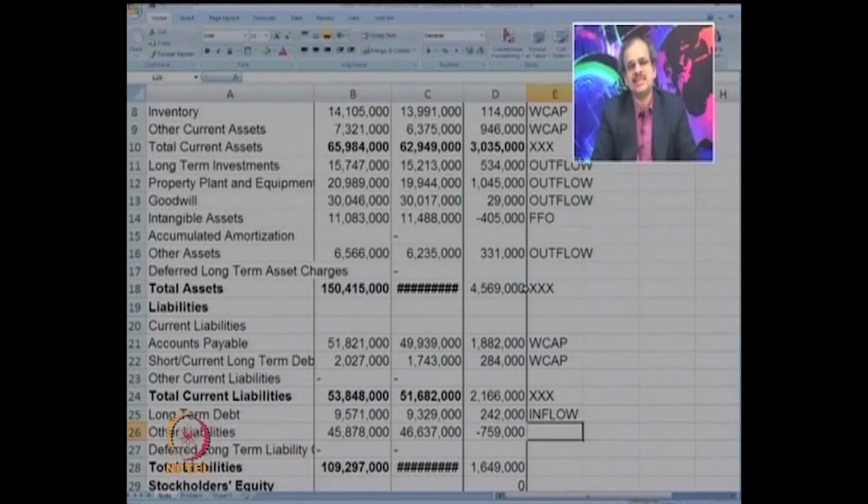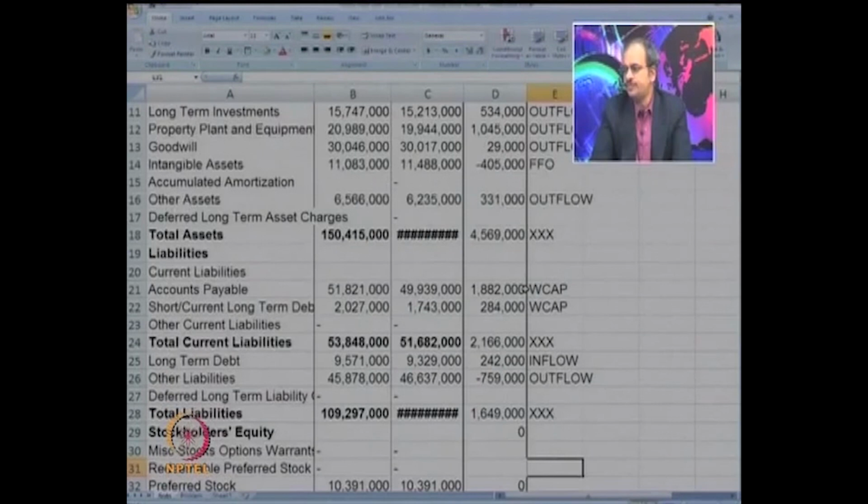Other liabilities, again they are long term in nature, because we are under other liabilities, not under the current liabilities. So there is a decrease in the liability which represents an outflow. Why it is an outflow? Company must have paid cash to decrease its liabilities. So it's an outflow. So total we have to ignore.